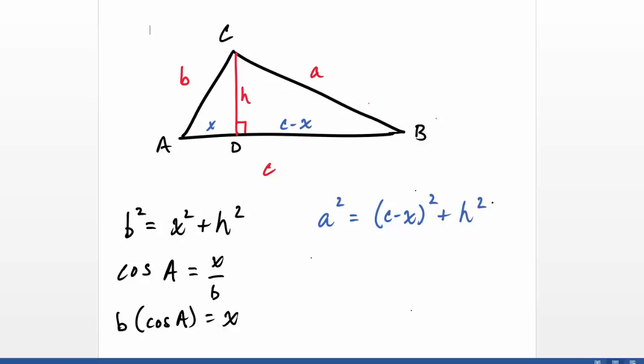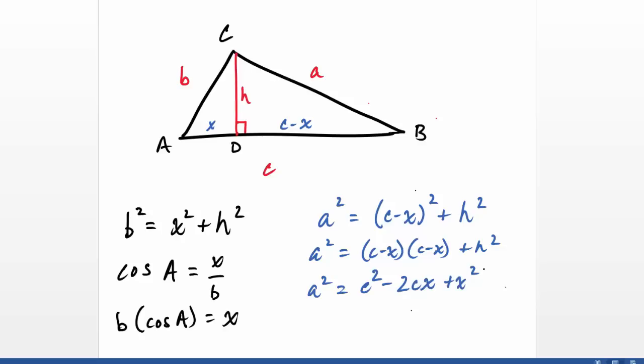Now, if I expand the c minus x, I'm going to have a squared equals (c minus x) times (c minus x) plus h squared. And if I FOIL that, I end up with c squared minus 2cx plus x squared, and then on the back end of this, I still have h squared.